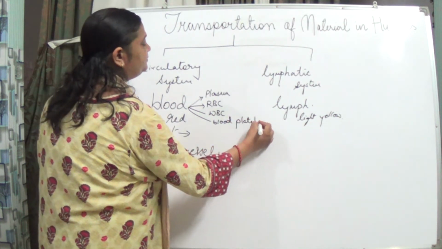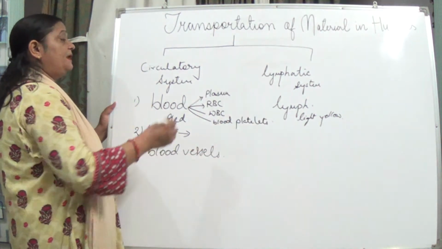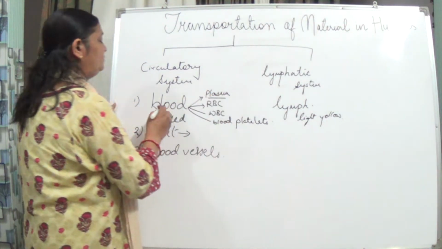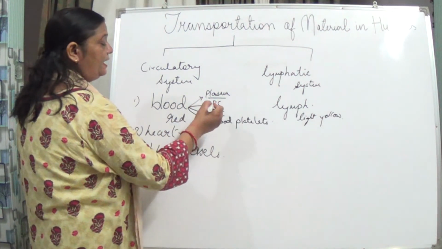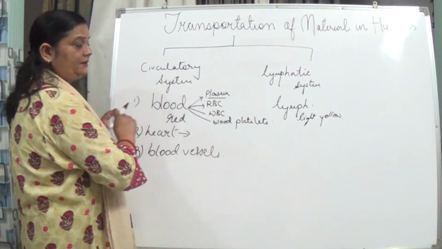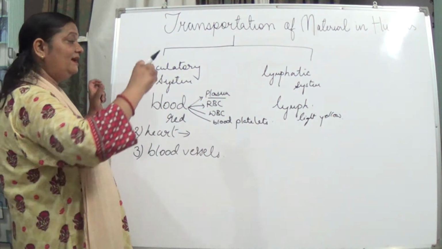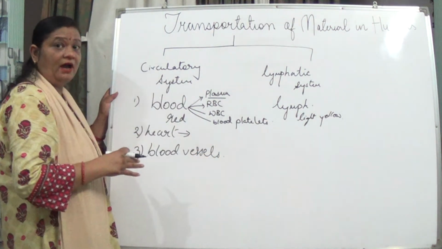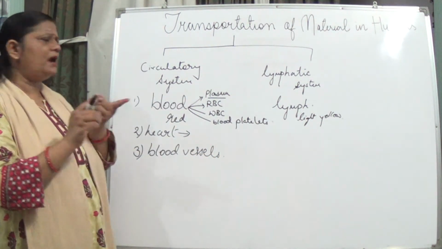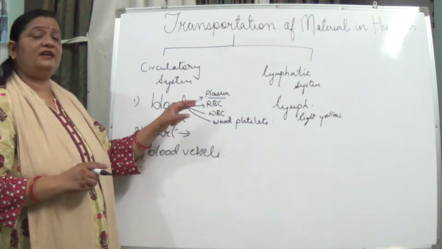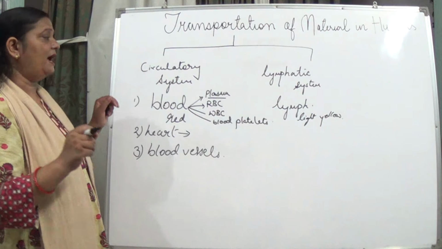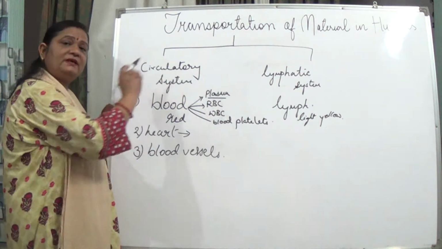Now, this plasma is only the liquid portion of the blood. And RBC, WBC and platelets are in the solid form, but they are present in the plasma. When you get a cut, you can't see these RBC, WBC and platelets because they are very, very small in size and thereby present in the plasma.